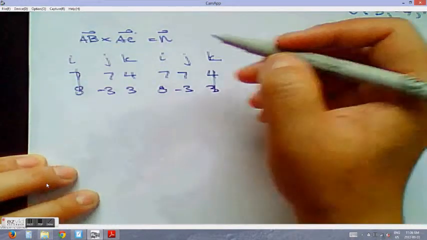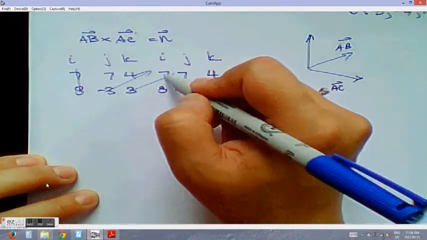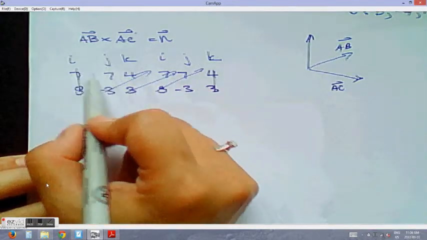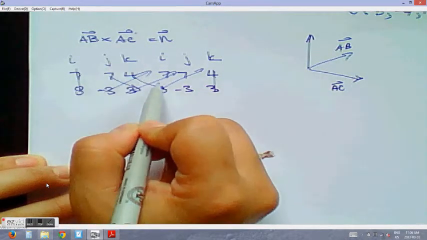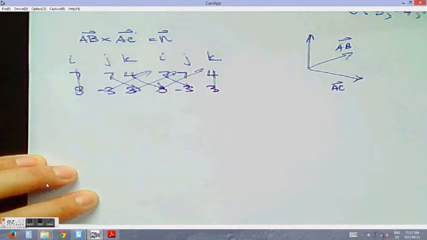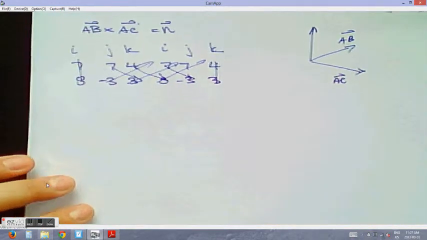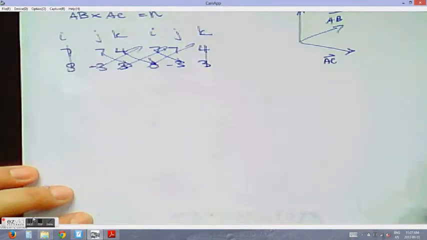Cross these 2 ends off. Just to make things a little faster, I'm going to pause it here and actually work it out. You should try and practice this as well, and we can compare our answer.